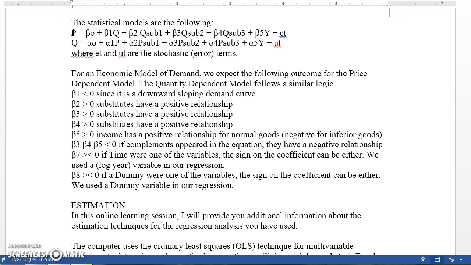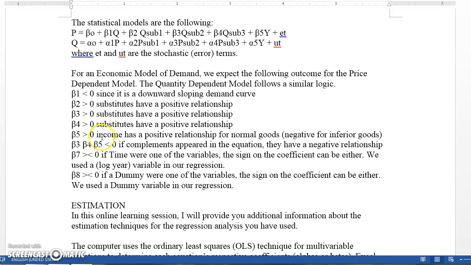I want P and Q to be in opposite directions, because I want the demand curve to be downward sloping. So this beta 1 needs to be negative. Beta 2 is the coefficient for my first substitutable product. I want this coefficient to have a positive sign, same as the coefficients for your other substitutable commodities. We want them to have a positive sign so that we can call them substitutable products.